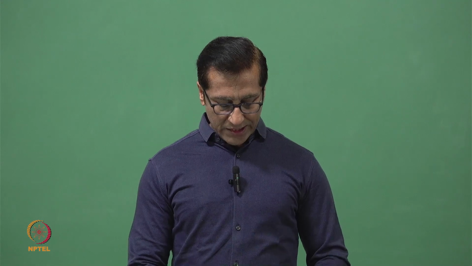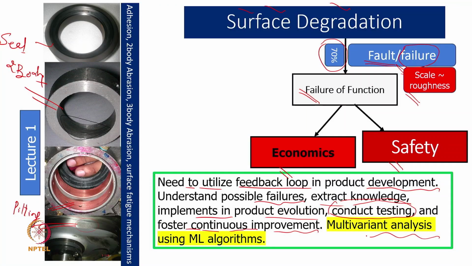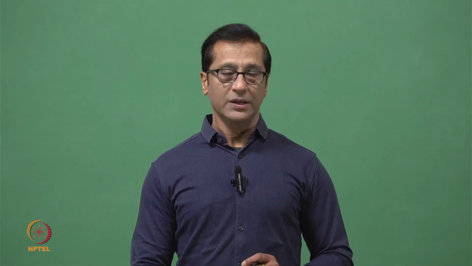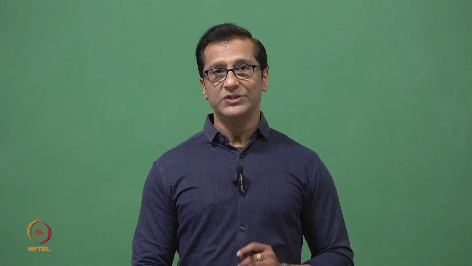However, we know that there are too many parameters, and that's why we really require a very sophisticated mathematical tool, or what we call multivariate analysis, and we want an ML algorithm, or machine learning algorithm. Why do we require it? Because whenever we conduct a test, only a few parameters will be variable and other parameters will be kept constant. So we will get some results, but those results will not be generalized.